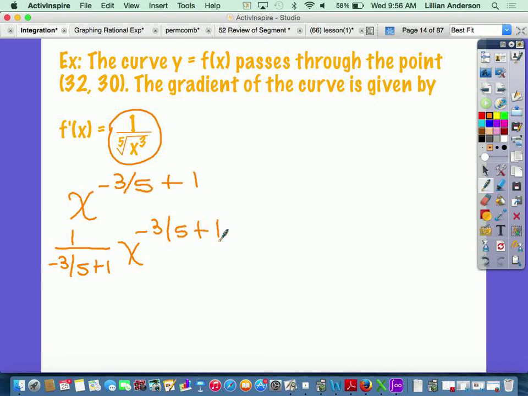Okay, so negative 3/5 plus 1 is 2/5. And you cannot have a fraction within a fraction, so to simplify that, you should have had 5/2 x to the 2/5 plus c. Raise your hand if you got that.